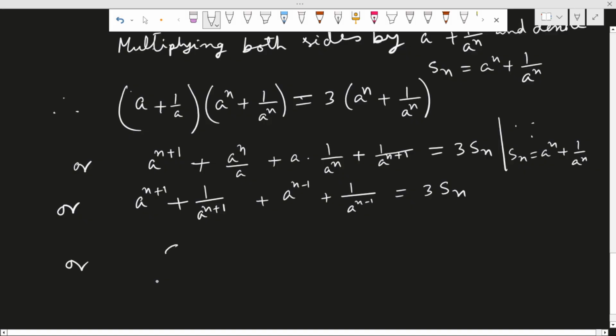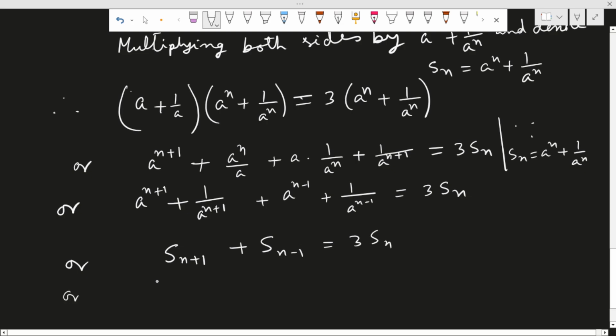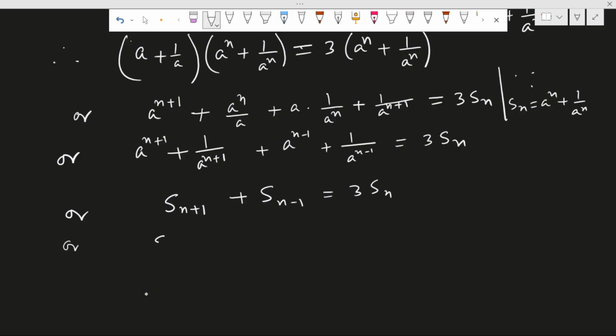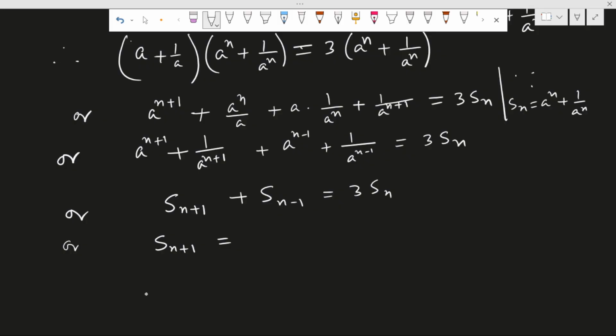Obviously we may write S n plus 1 as per this theorem, plus S n minus 1, that is equal to 3 Sn, or S n plus 1 is equal to 3 Sn minus S n minus 1.